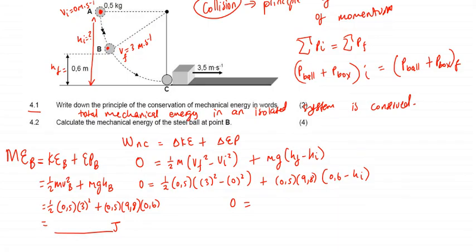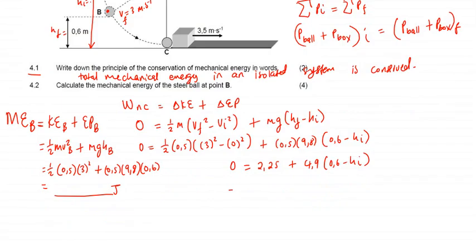So it gives you 2.25, and then you say plus 0.5 times 9.8, it gives you 4.9, and then here you have 0.6 minus the initial height. So then you can say minus 2.25 will be equal to, now when you multiply this and that, you just do a bit of distribution there.